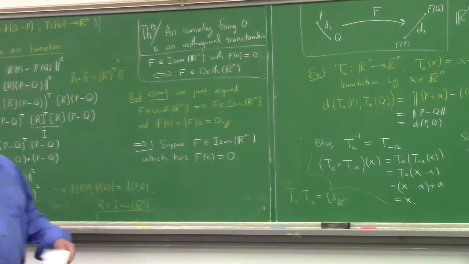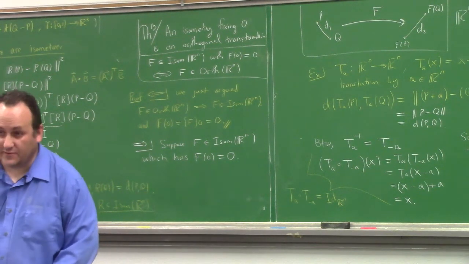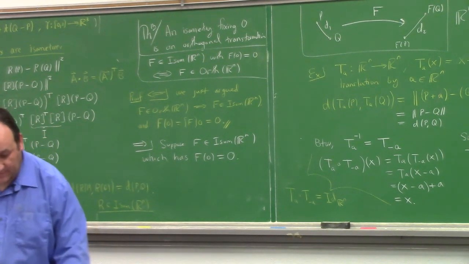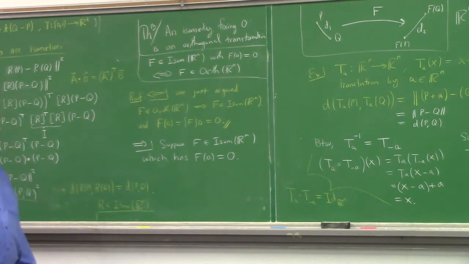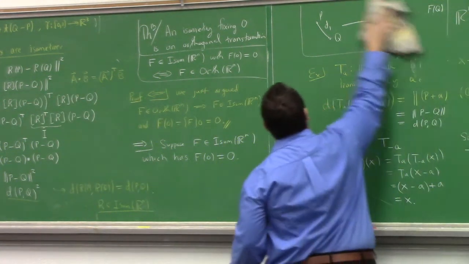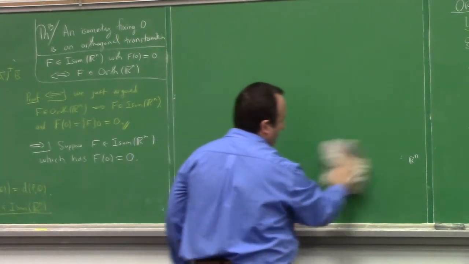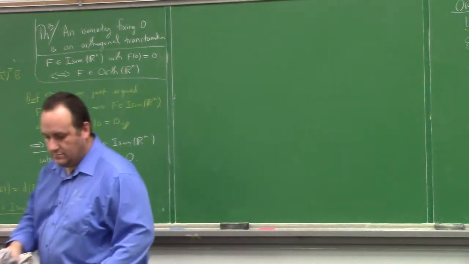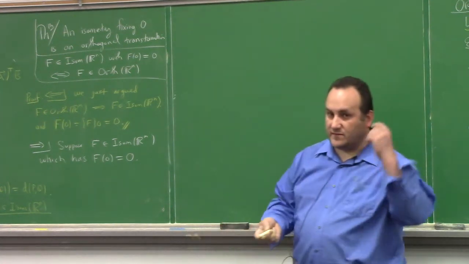We have to show that this origin fixing isometry is necessarily a linear transformation whose matrix satisfies the condition matrix transpose times itself is the identity. Think about what we have to work with here. We don't have much to work with except for the distance function, right?